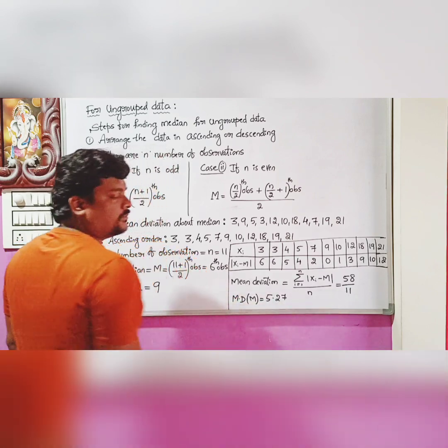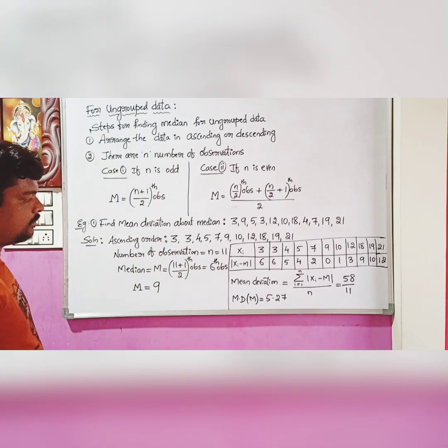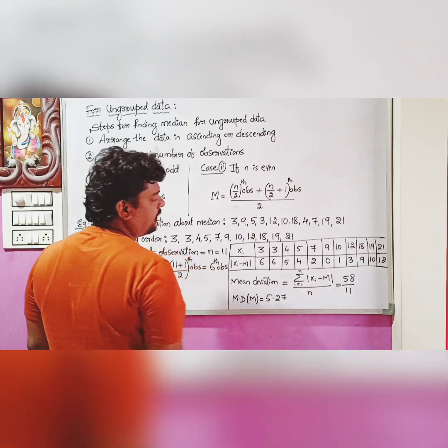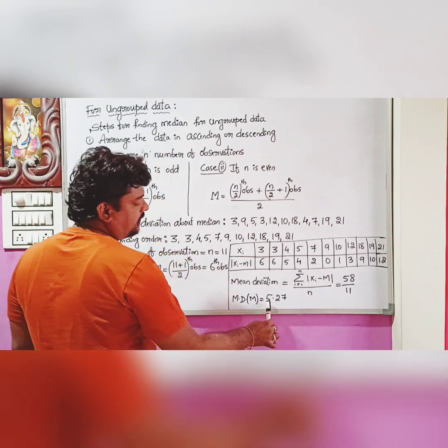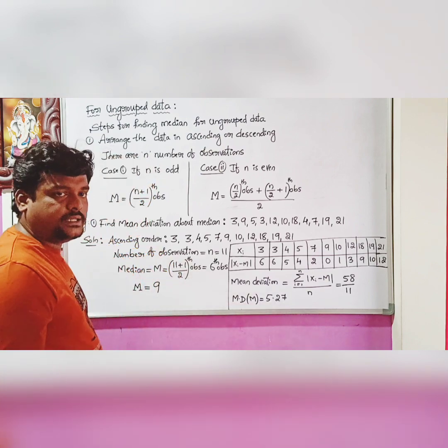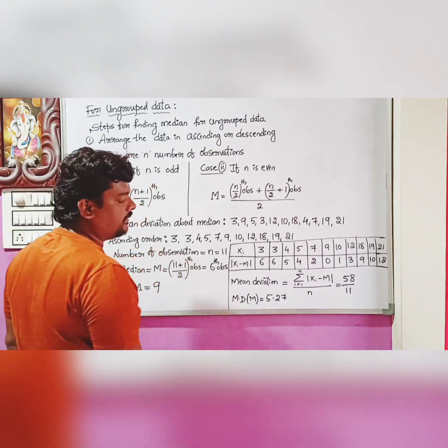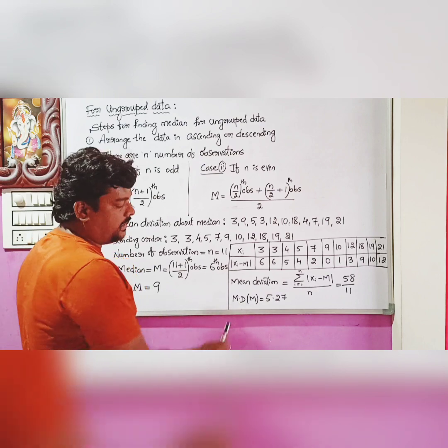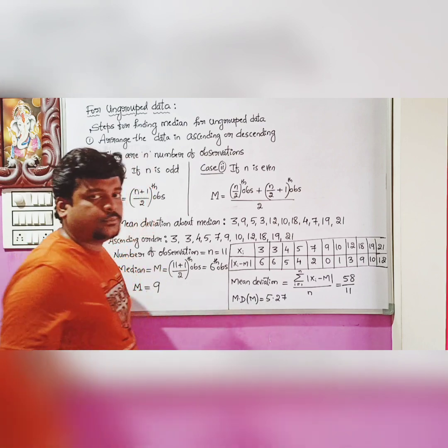The number of observations is 11. So substitute 58 by 11, and using a calculator, 58 by 11 is 5.27. So the mean deviation about the median is 5.27.